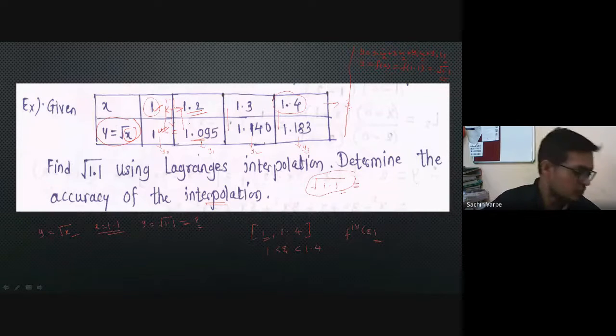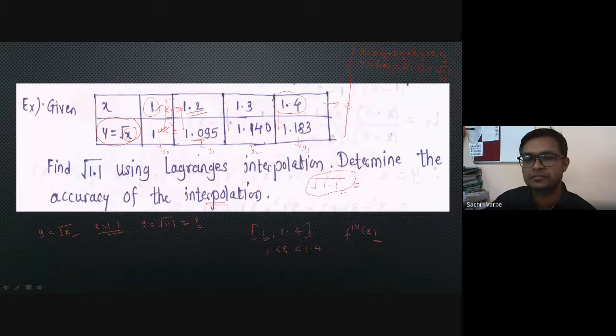Okay, so with the help of these calculations we'll get the Lagrange interpolating polynomial value at x equal to 1.1. And now with the help of that we have to determine the accuracy of the interpolation, how accurate that interpolation is. We have to show it by calculations, by mathematics. Okay, so that we can show with the help of the remainder term, or the error in the Lagrange interpolating polynomial.